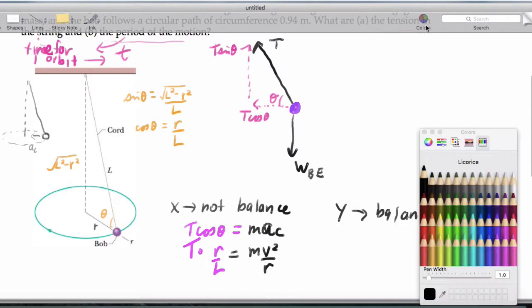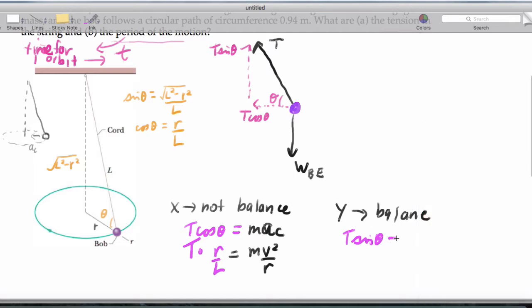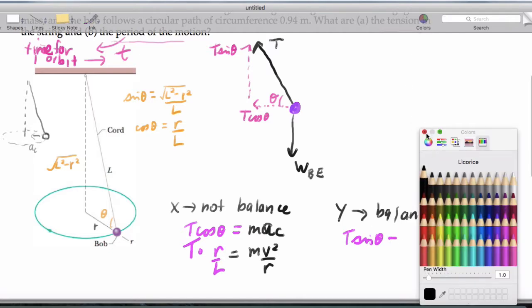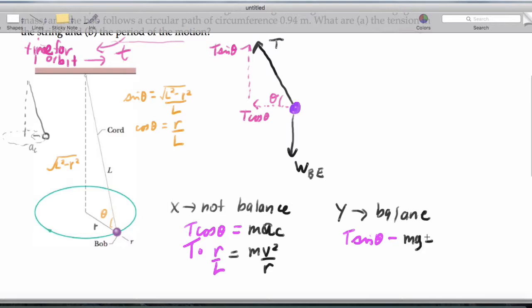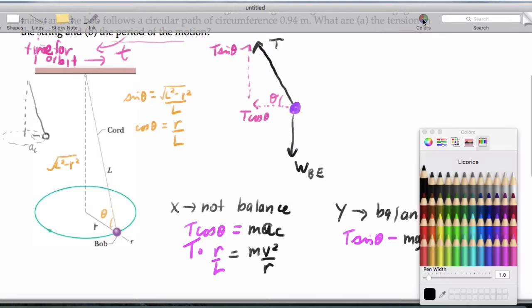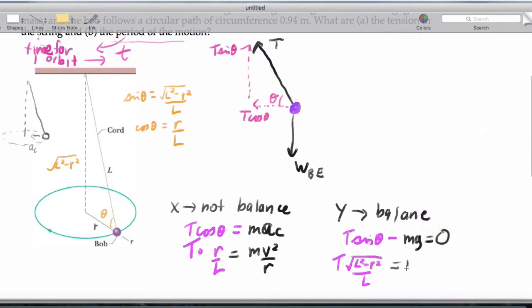So we end up getting T sine theta minus the weight equals 0. And this works out to T times the square root of L squared minus R squared over L balances the weight.